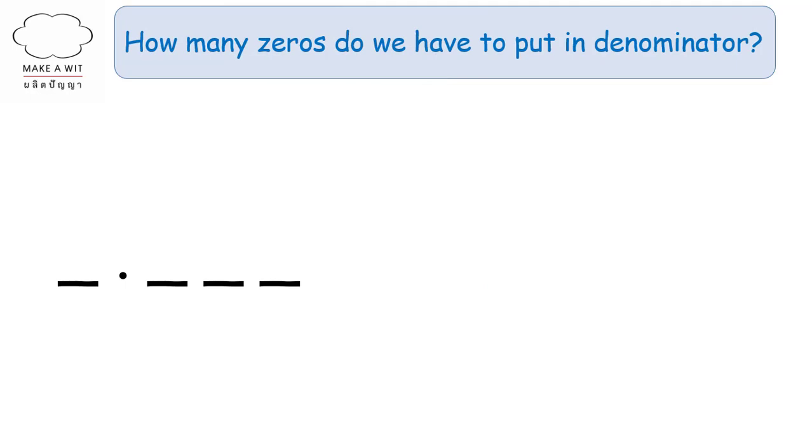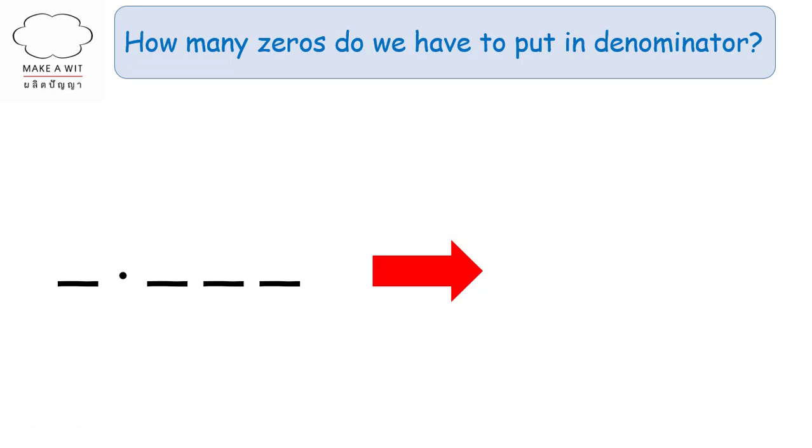Okay, and next one. How many zeros do we have to put in the denominator? Look at this. There's 1, 2, and 3. Do we write only 1 zero? No. 2 zeros? No. 3 zeros?